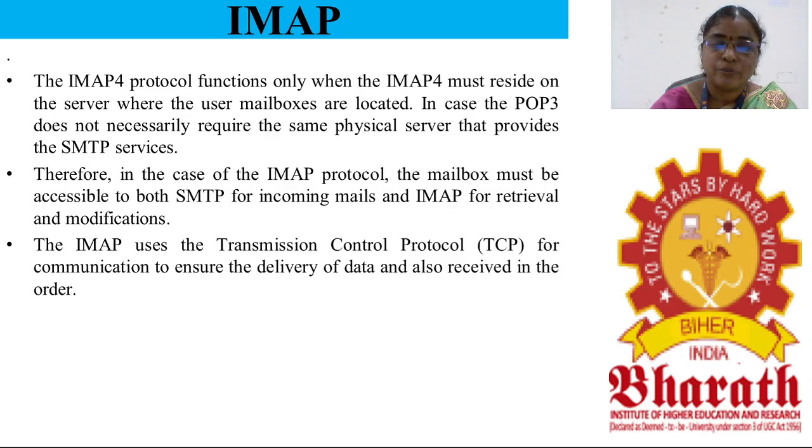Therefore, in the case of IMAP, the mailbox must be accessible to both SMTP for incoming mails and IMAP for retrieval and modification. IMAP uses the Transmission Control Protocol for communication, which ensures the delivery of data and that it is received in proper order with the help of the sequence number.